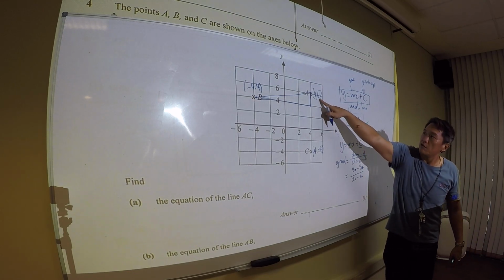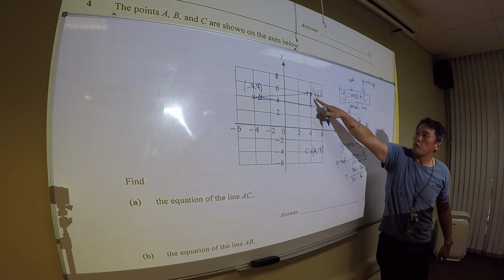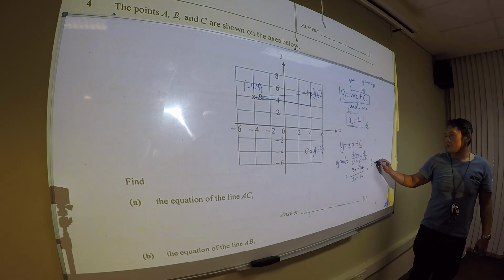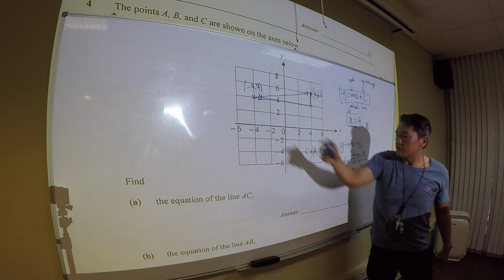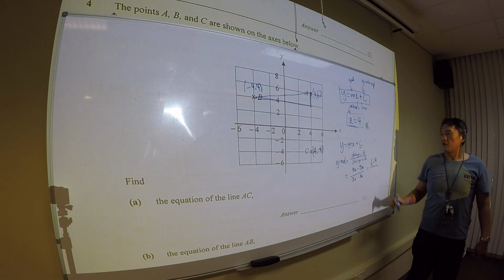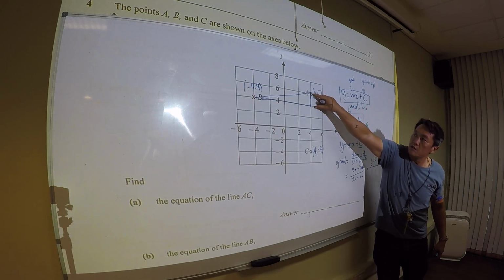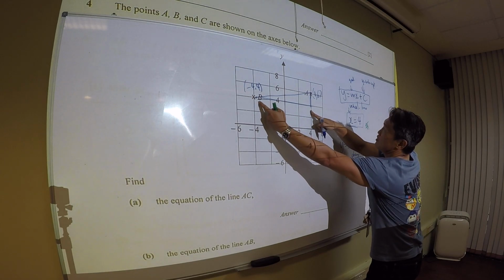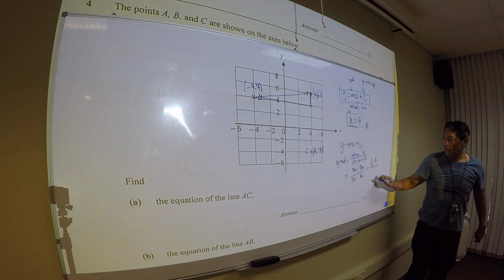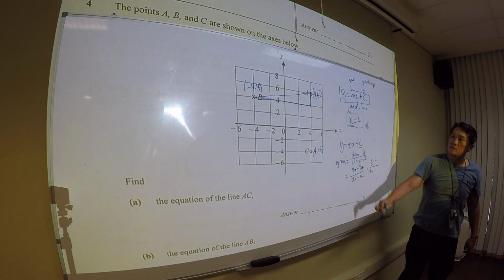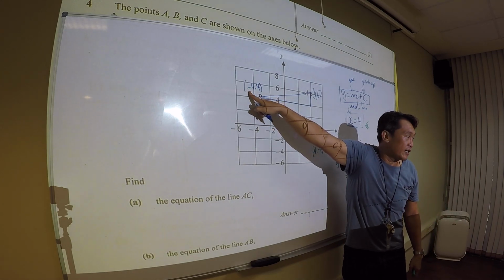So y of A is 6, y of B is 4. So 6 minus 4 is the vertical change, divided by the horizontal change. x of A is 4 minus x of B, which is negative 4.